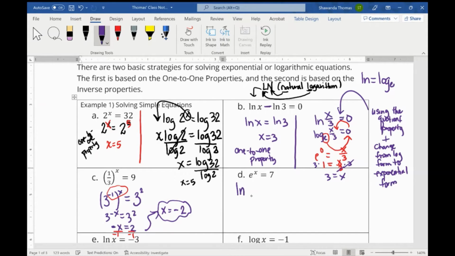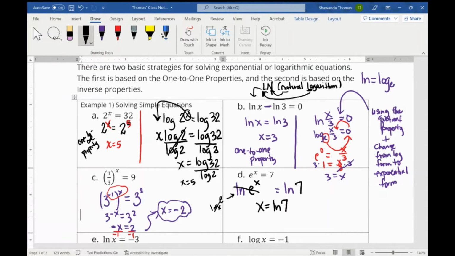We do natural log. I'm going to write it like this first, and I'm just going to drop in what D is. Natural log of e to the x, natural log of 7. That way, since that ln right here is log base e, then we have another e, it'll cancel out, right? So this cancels out. We just have x now equals natural log of 7.